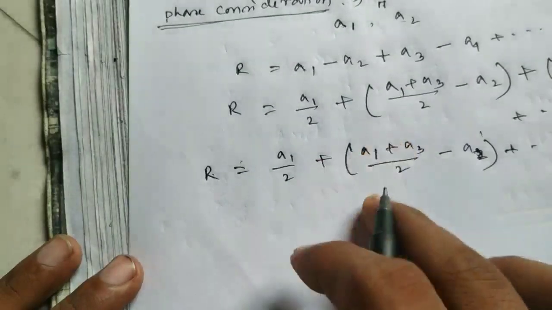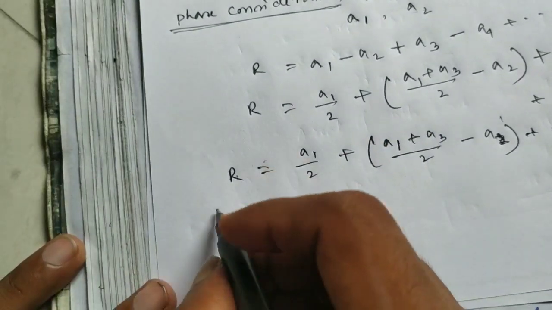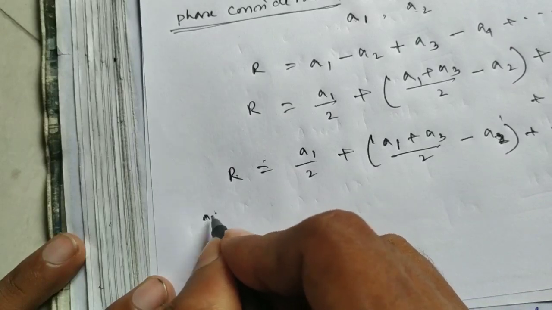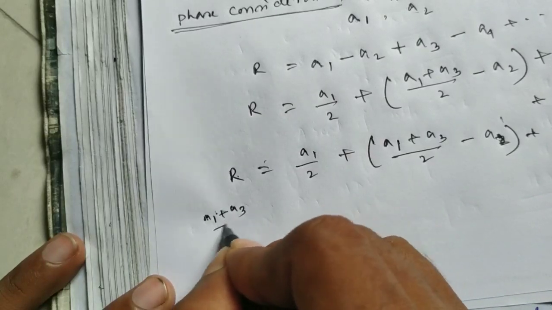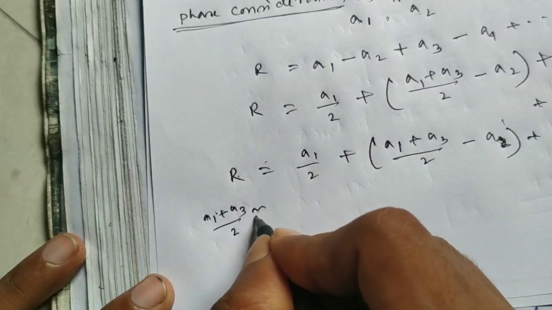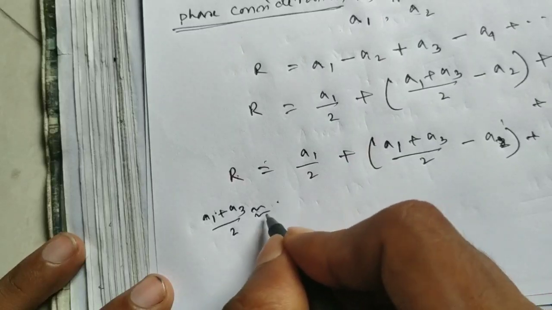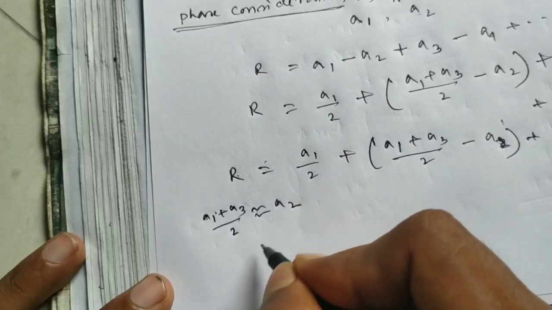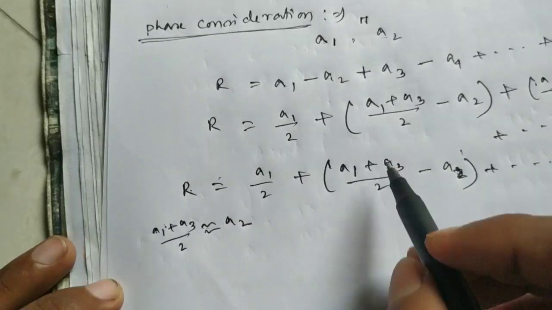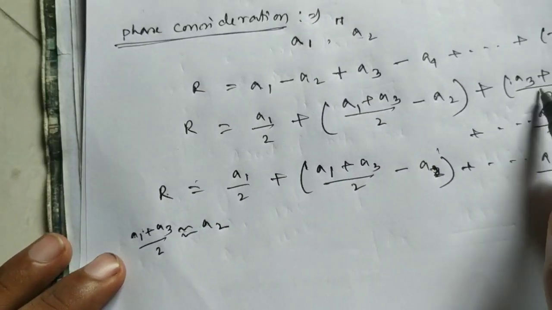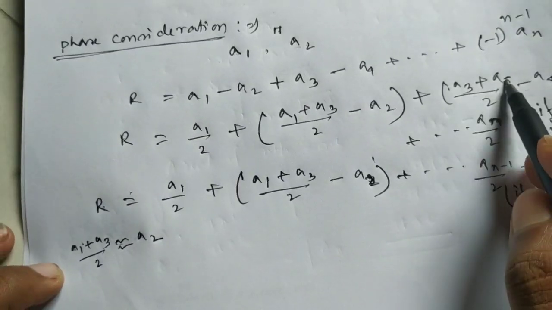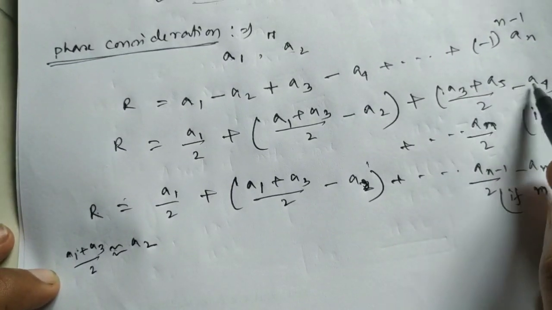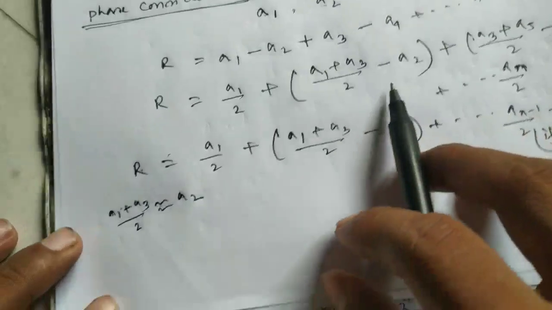These are two conditions. Now A1 by 2 plus A3 by 2 is nearly equal to A2, so these cancel out, and A3 by 2 plus A5 by 2 is nearly equal to A4, so these also cancel out.